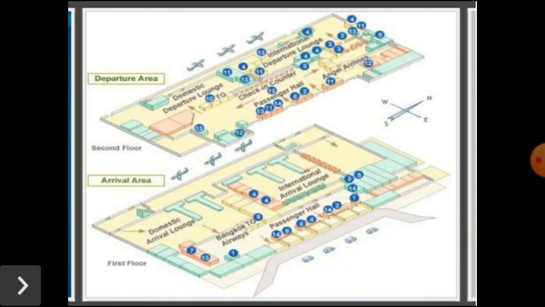This figure shows the terminal building: that is the departure area side, and this is the arrival area of the terminal building. Generally, a domestic airport has some limited facilities in the terminal building, and in an international airport it will be higher.